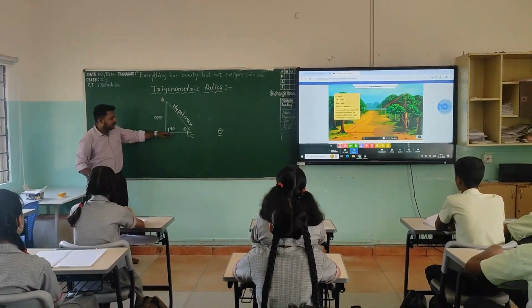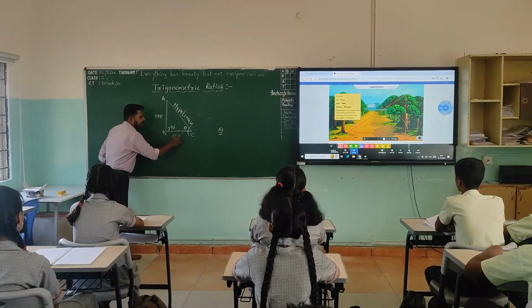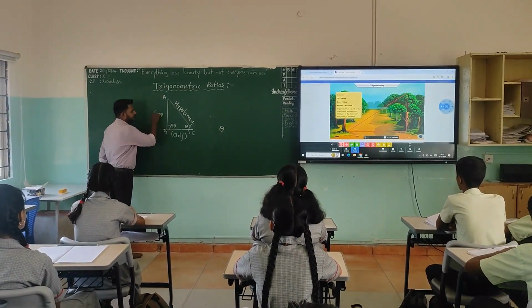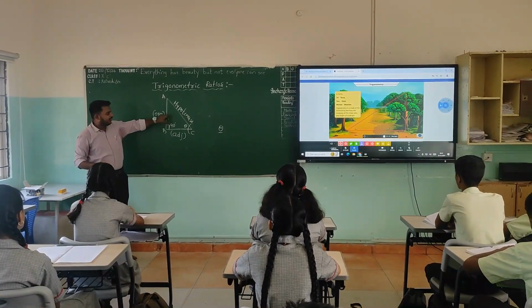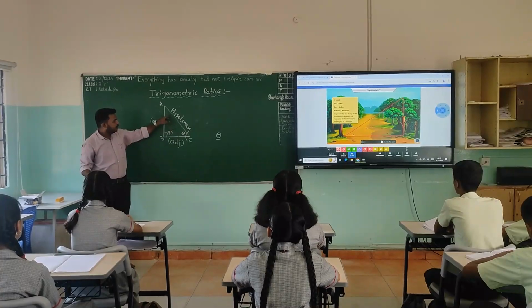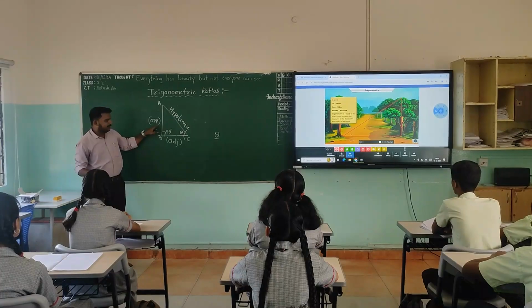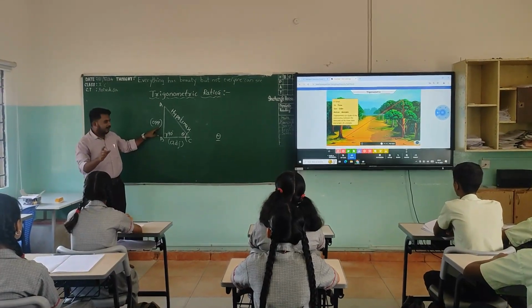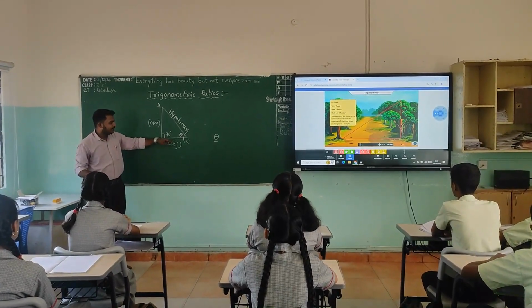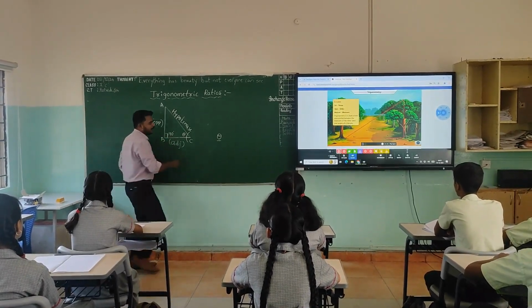The side adjacent to angle theta we call the adjacent side. Clear? So in a right angle triangle we have 3 sides, depending on the value of theta. The longest side is the hypotenuse. The side opposite to theta is the opposite side. The side adjacent to theta is the adjacent side. Clear?